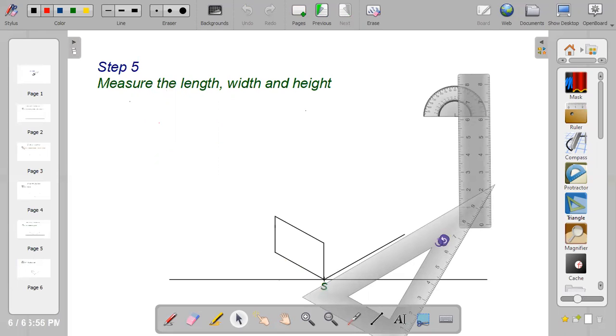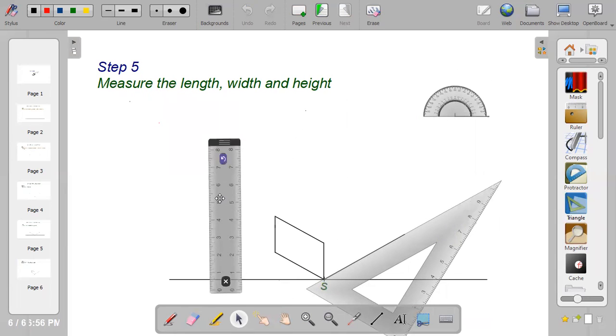Once it's placed on it, the next thing is just to copy and paste the line. How do I copy and paste the line?